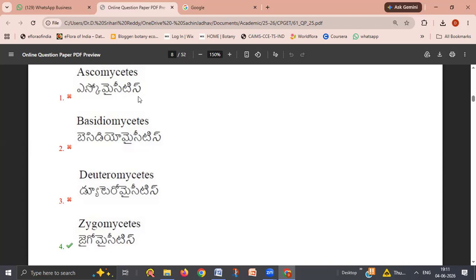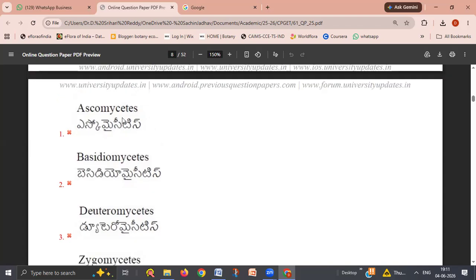Ascomycetes, there are several beneficial organisms which belong to Ascomycetes. Earlier we discussed Penicillium notatum. It belongs to Ascomycetes or Ascomycotina. Yeast, also called Saccharomyces, also belongs to Ascomycetes or Ascomycotina.